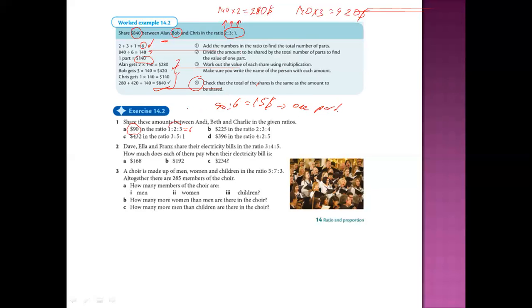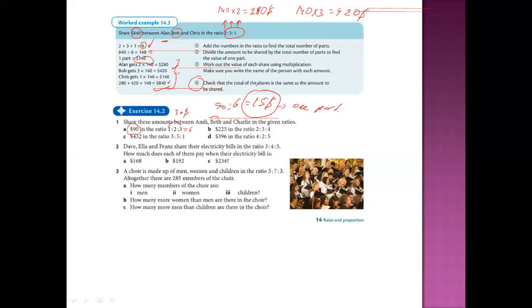Okay, what was the ratio? For the first student, Andy, we should pay only $15. Okay, and the second student, Beth, is twice Andy, or twice 15, which is exactly $30.